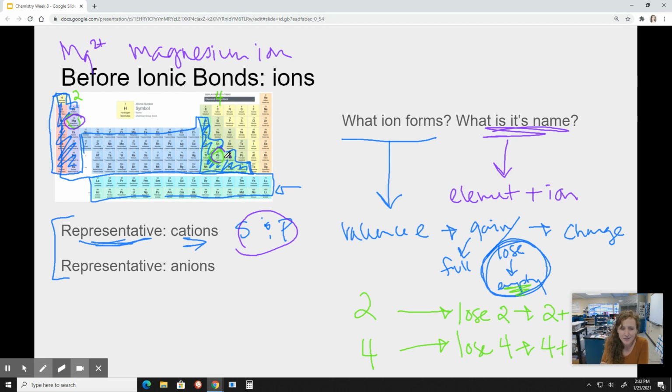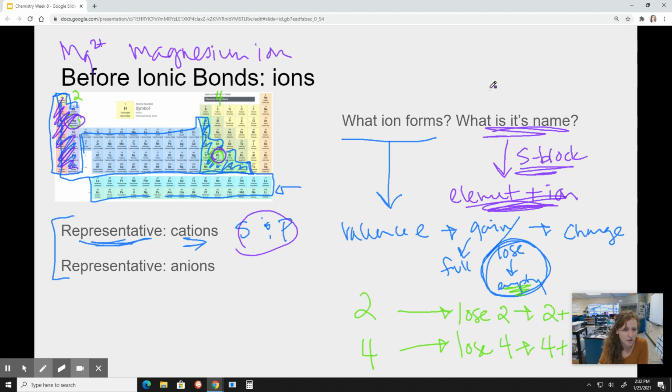Now lead is a little bit different, and we'll talk about lead in just a minute when we talk about the transition ions. But for any of these S block metals, this is true. You just take the element and tack on the word ion.